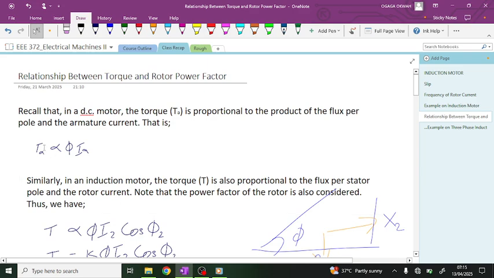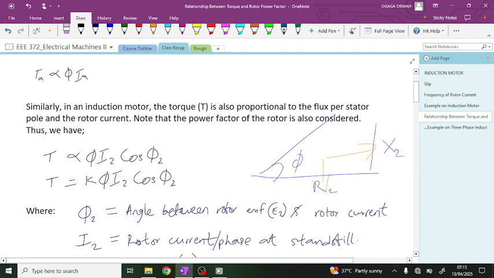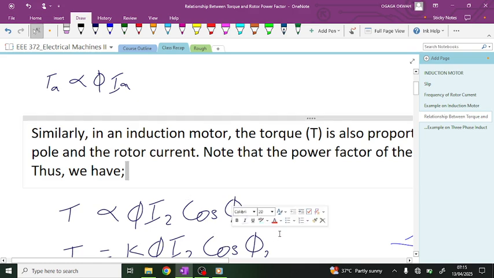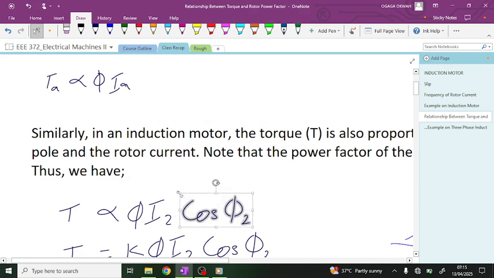Now look at it. If you compare, they are the same, except for the rotor power factor. Except for this part, the rest is the same. The subscript A just indicates that this is the torque for armature current, and this is the torque for the rotor.